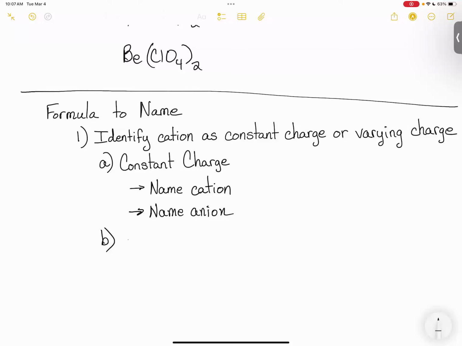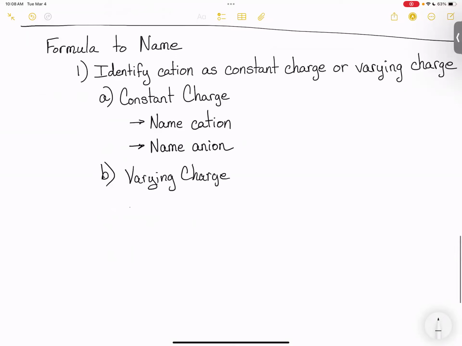But if it's a varying charge, you will name the cation.